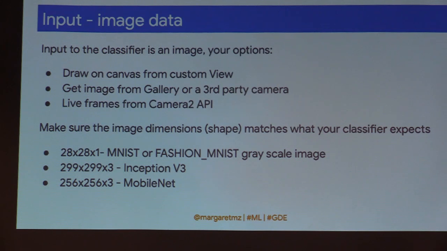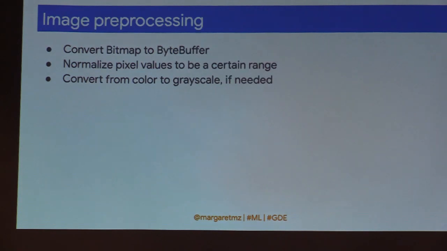At any rate, you need to have that image, and this is pretty tedious. You have to make sure the image dimension matches what your classifier expects, depending on what kind of network you trained or retrained. And then there's also pre-processing. First of all, you need to convert from bitmap to byte buffer, which is quite a pain.